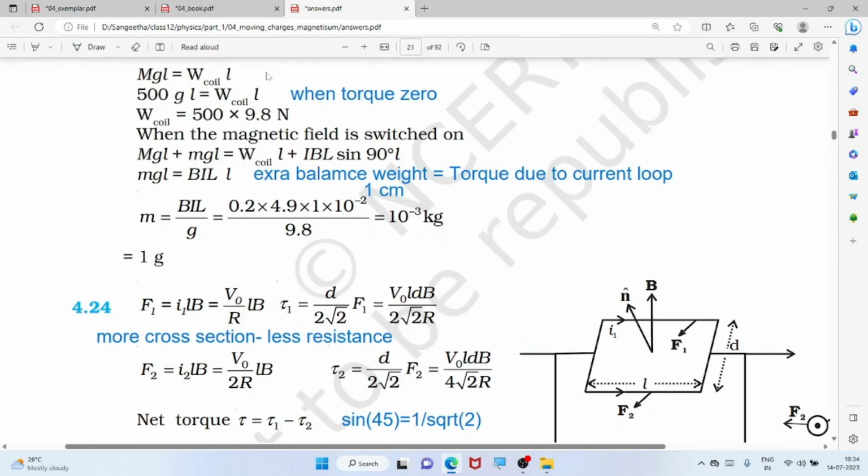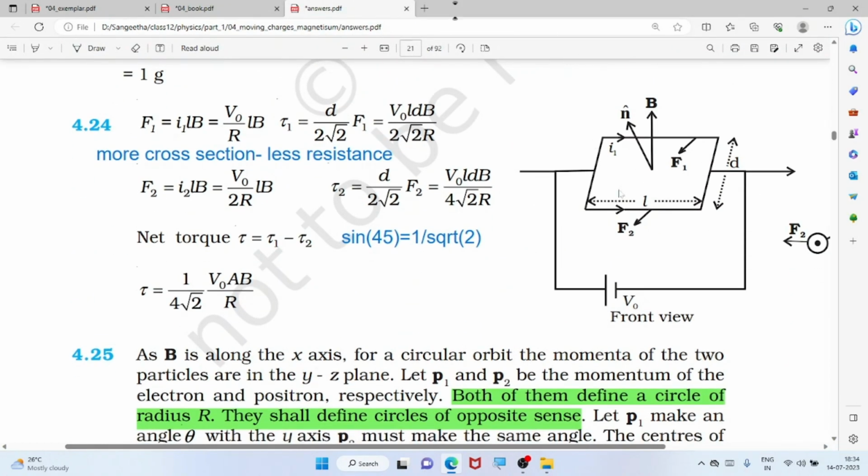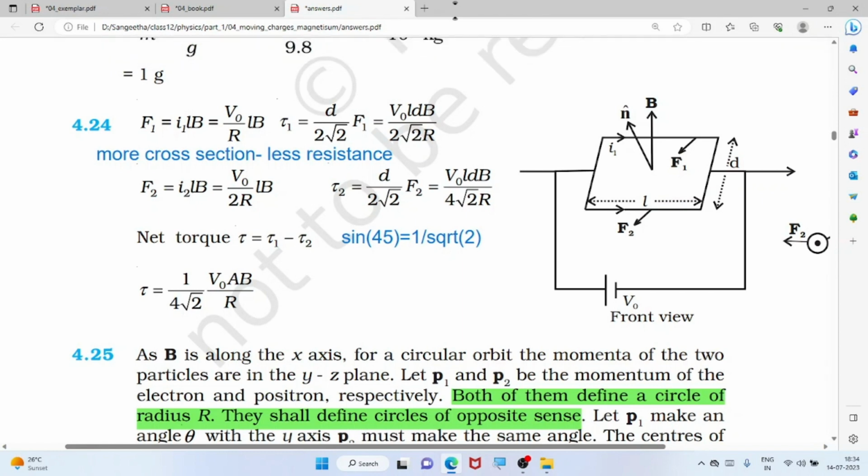Question 24. This is the one. This is the force. This current here is V by R, and using that cross section: more cross section means less resistance. Resistance is inversely proportional to the cross section.